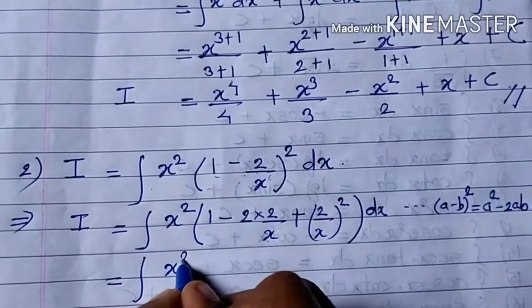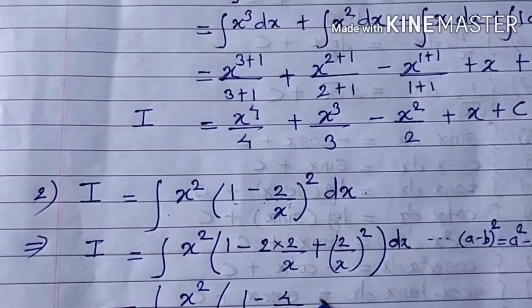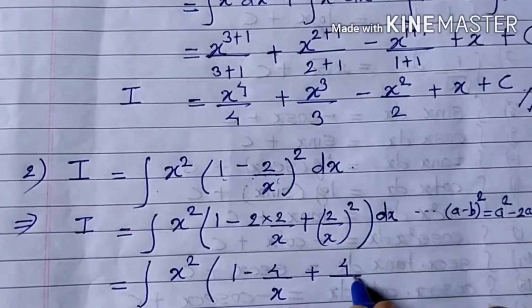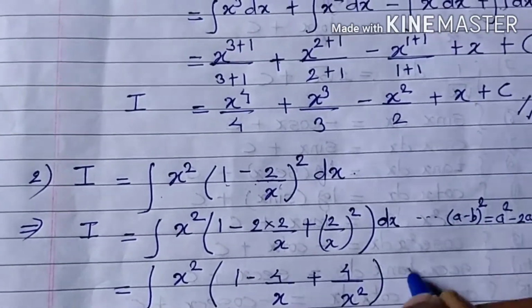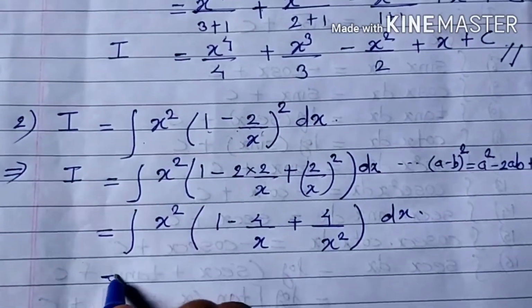Integration of x squared as it is, (1 - 4/x + 4/x²) dx. Now multiply this x squared in this bracket.